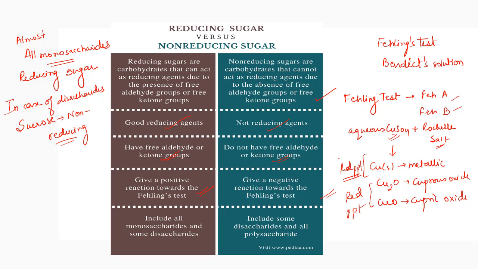So if the sugar is reducing, it will act as a reducing agent. It itself will oxidize, the aldehyde group will oxidize to the acidic group, and it will reduce the copper ions from the CuSO4 to Cu metal. These include all monosaccharides and some disaccharides.